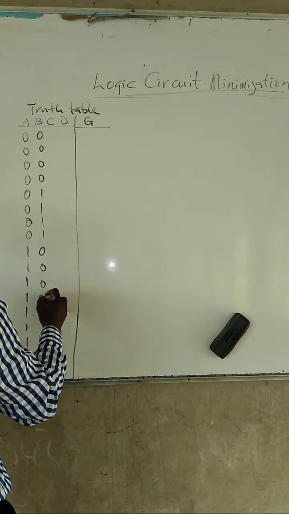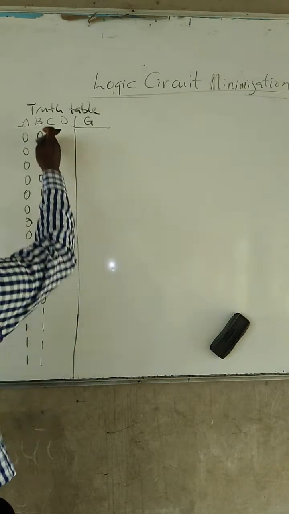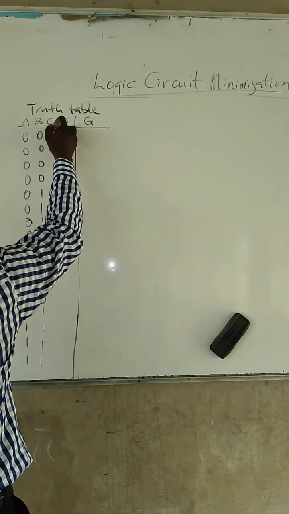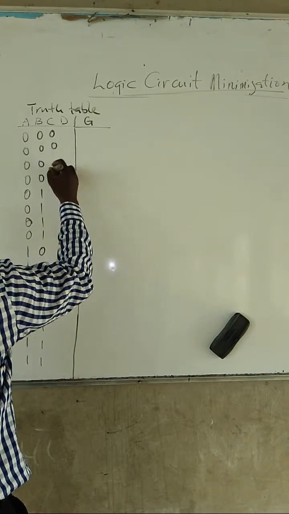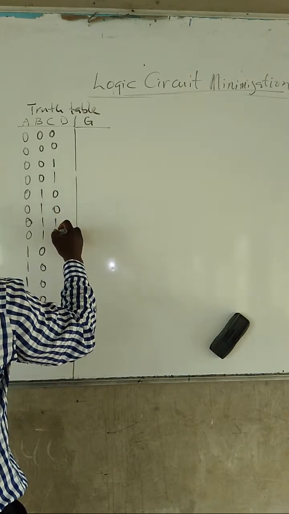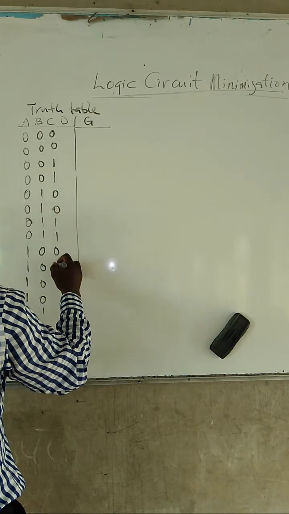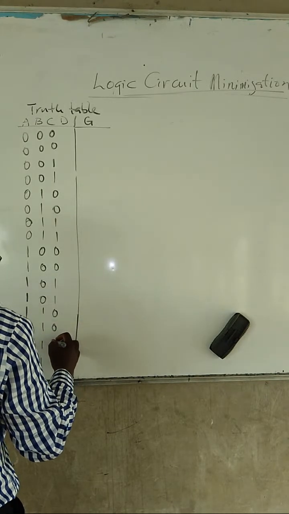The third one will be 2 zeros, 2 ones: 0, 0, 1, 1, repeated.